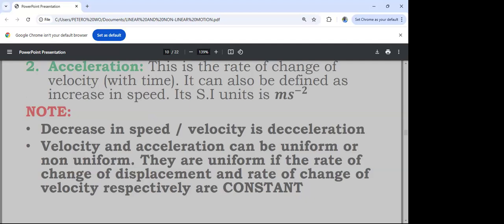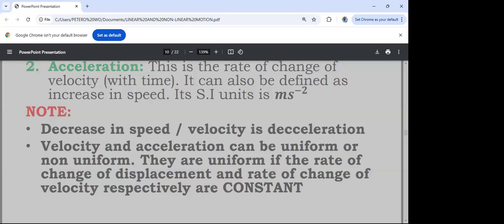That is, if we are coming from a big speed, for example, 20 meters per second, to 5 meters per second, you are reducing the speed, and that reduction in speed is what we call deceleration.